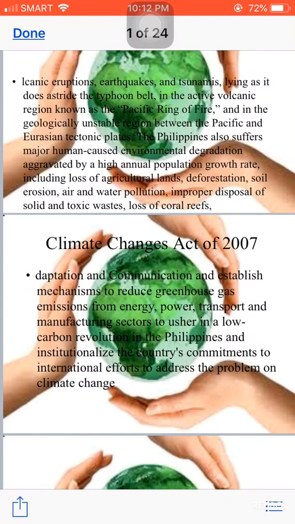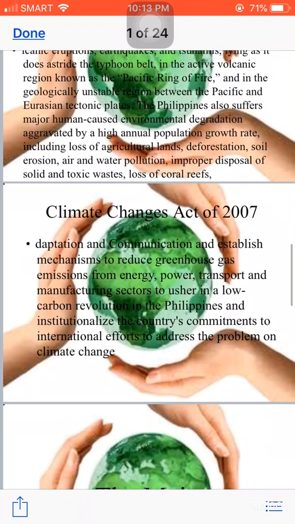The Philippines also suffered major human-caused environmental degradation aggravated by the high annual population growth rate, including the loss of agricultural lands, deforestation, soil erosion, air and water pollution, improper disposal of solid and toxic waste, and loss of coral reef.